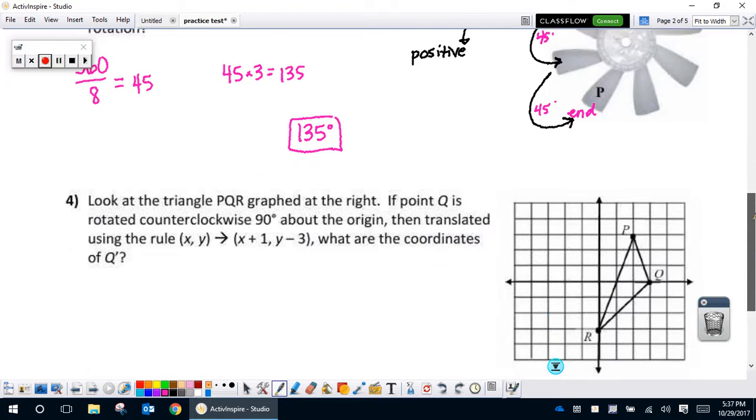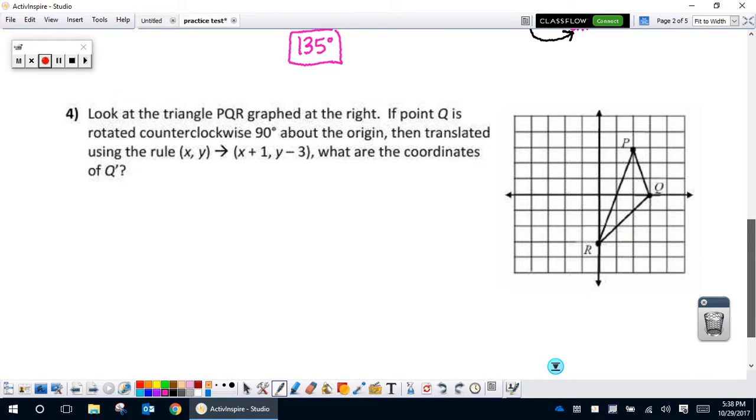All right, number 4, you're looking at the triangle PQR graphed at the right. We're focusing in on point Q. If point Q is rotated counterclockwise 90 degrees about the origin, then translated using the rule (x, y) to (x plus 1, y minus 3), what are the coordinates of Q prime?